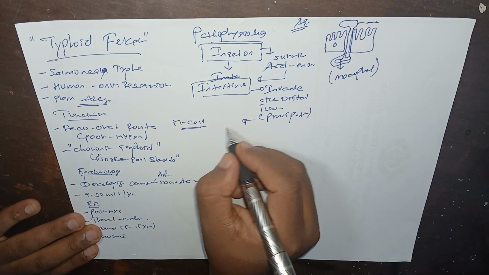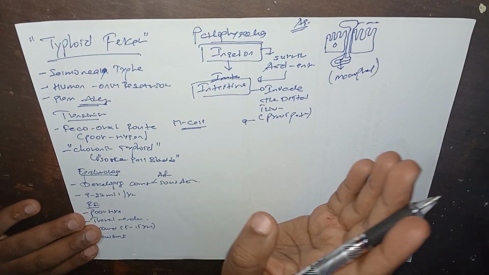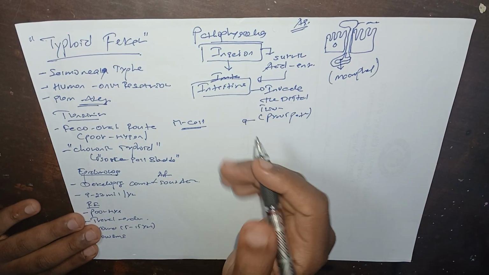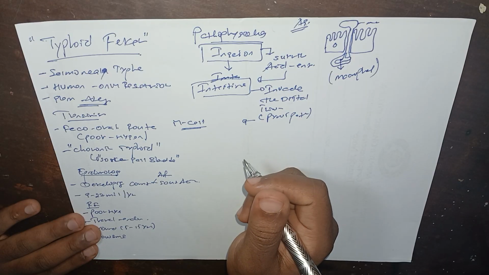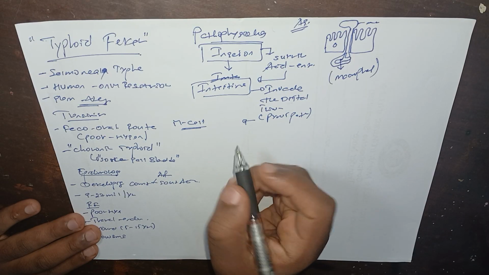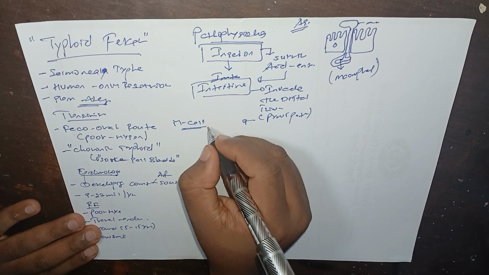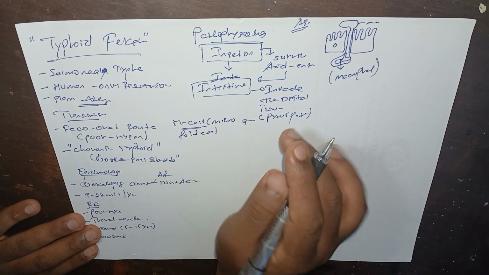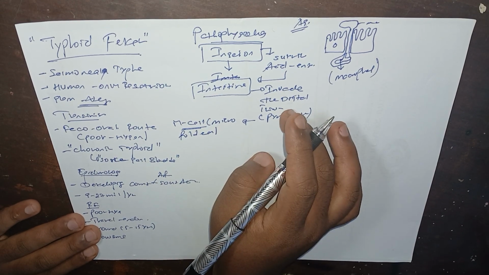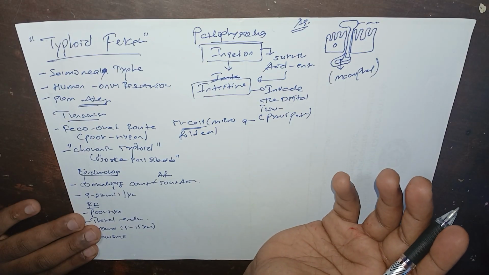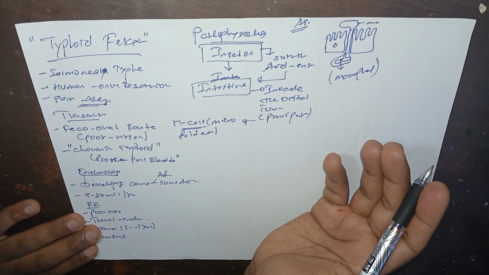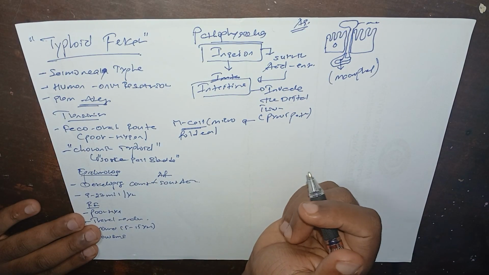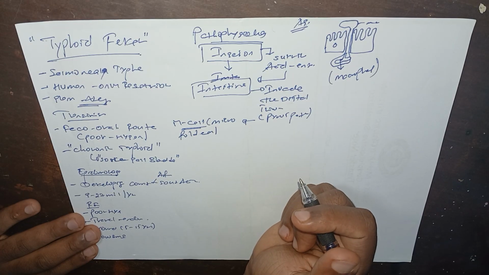The same works here. Salmonella Typhi interacts with the M cells, also called microfold cells, in the Peyer's patch. Peyer's patch is like MALT, mucosa-associated lymphoid tissue.